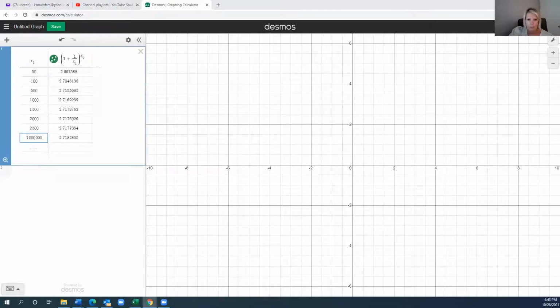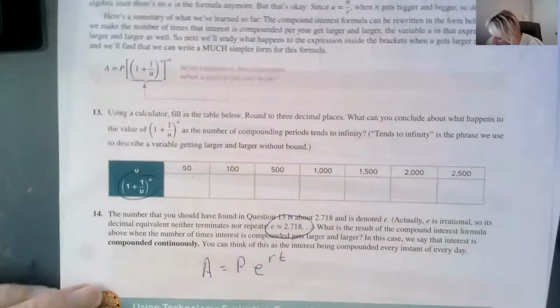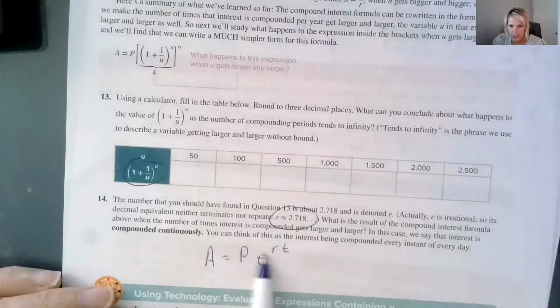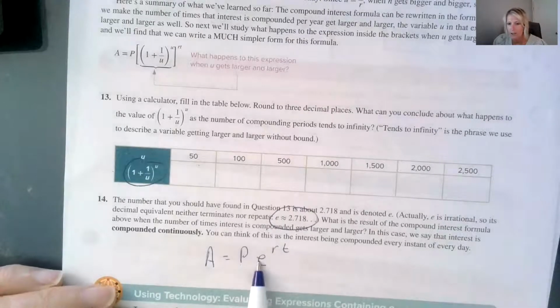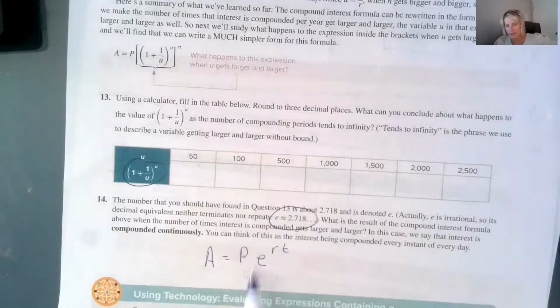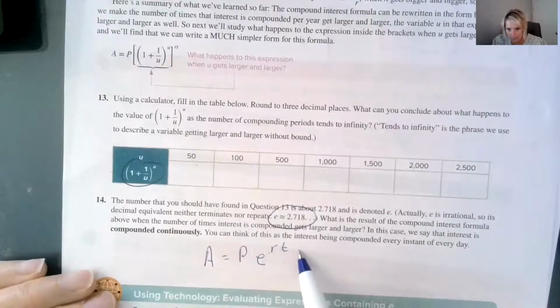So that's what we're using on our paper. It's called compounding continuously, and you're taking your principal and your base now is just this number E, and we can put in the number E in Desmos or calculator, and it's got all of the decimals, so it's very accurate, and then you raise it to the rate times time.